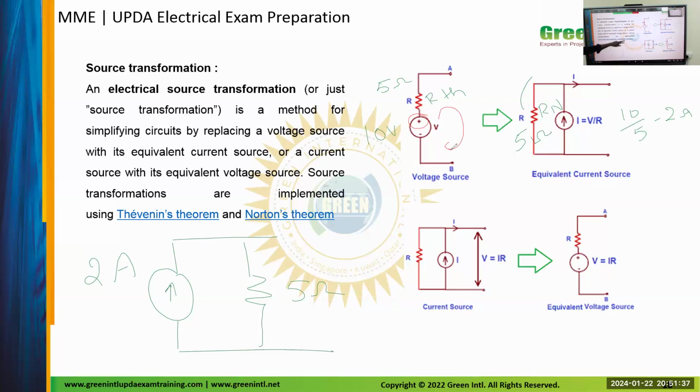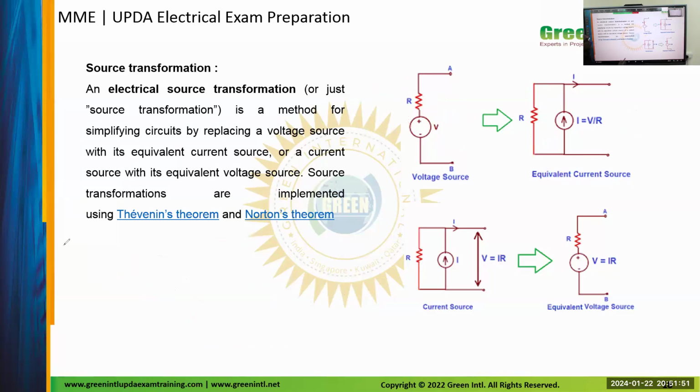In the voltage source, the plus symbol is the starting point. Similarly, the arrowhead starts from the plus symbol. Suppose in your exam, here we have 10 volts and here 5 ohms.